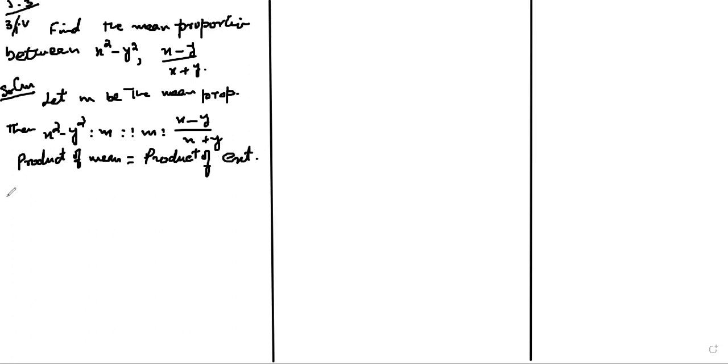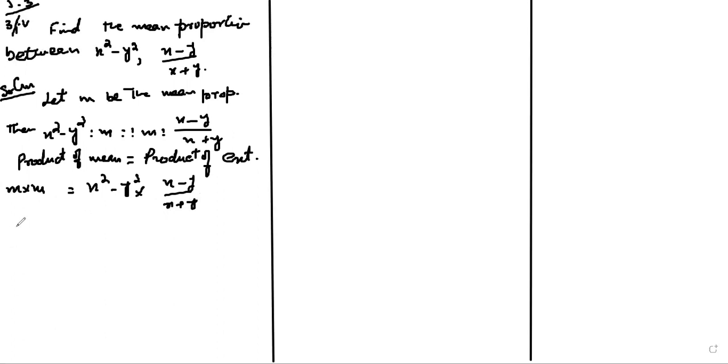So m times m equals x square minus y square times x minus y over x plus y.